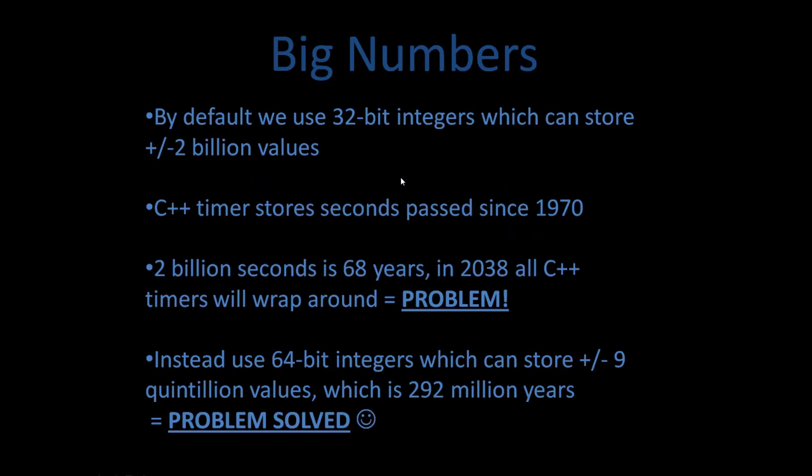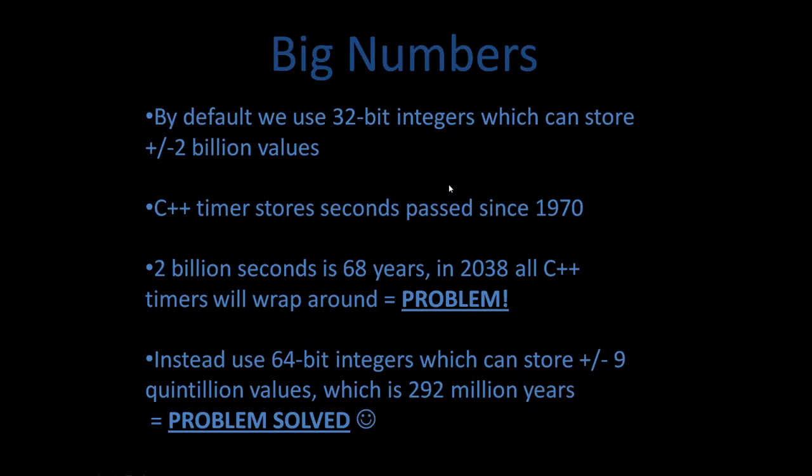So the first thing to look at is the big numbers. In C++, when we define a variable of type integer, by default it's going to be assigned a 32-bit integer, which can store up to plus or minus 2 billion values. For example, if we wanted to get time, in C++ timers store seconds passed since 1970, and if we convert the 2 billion seconds, it's going to be 68 years.